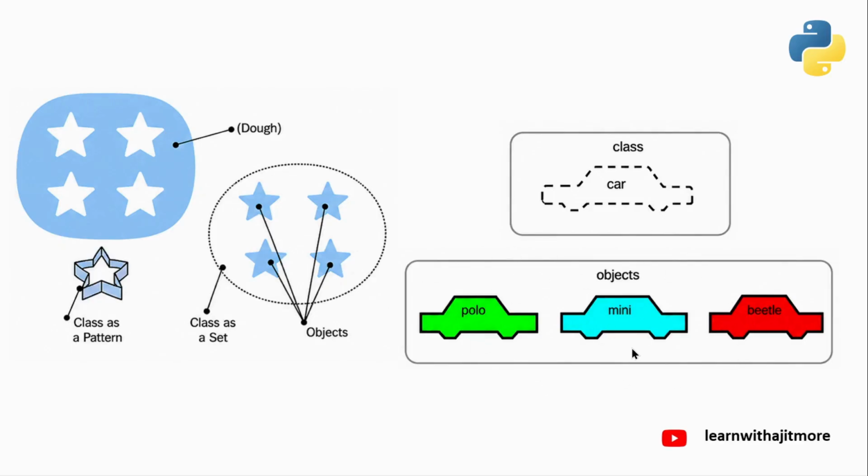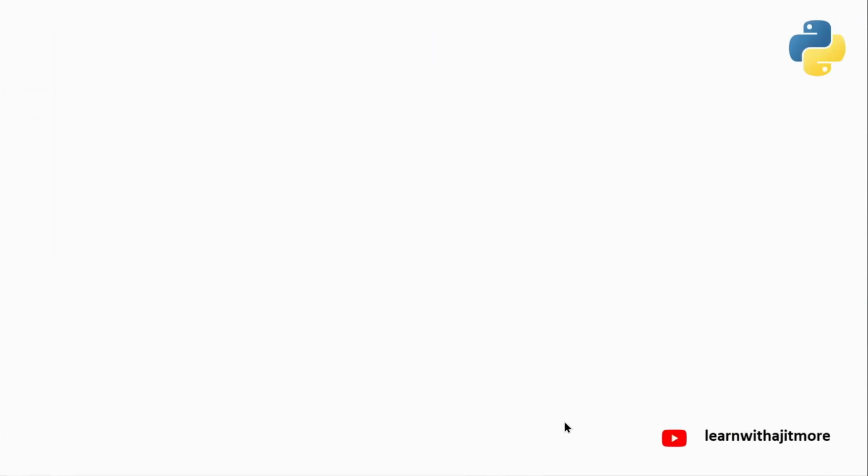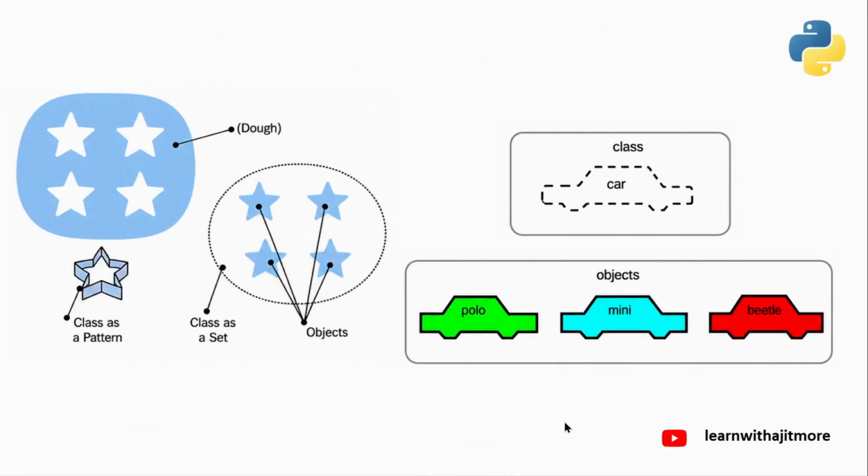The real cars made from that design that are on the road are all objects. But to make them, one design was used, that is the class.